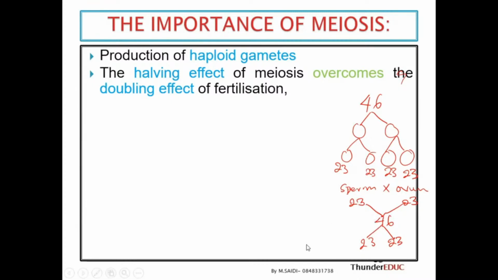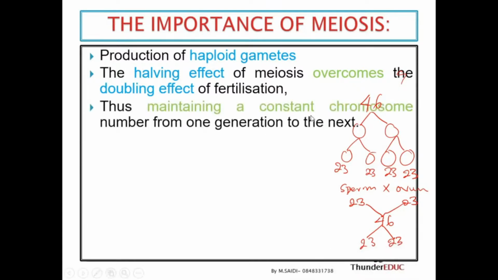So the halving effect overcomes the doubling effect of fertilization. Meiosis results in reducing the chromosome number, thus maintaining the constant number of chromosomes from one generation to the next.